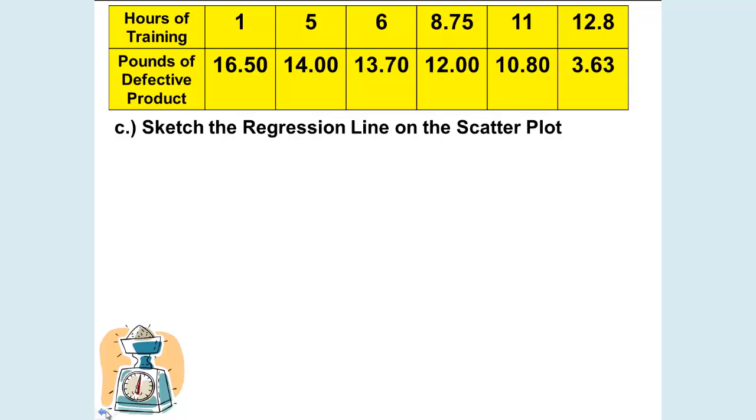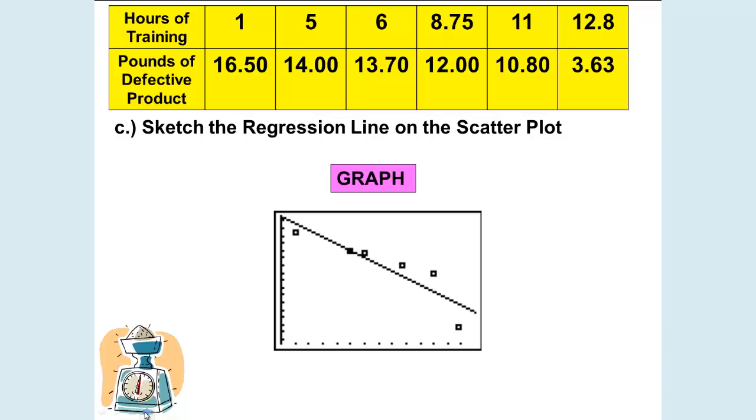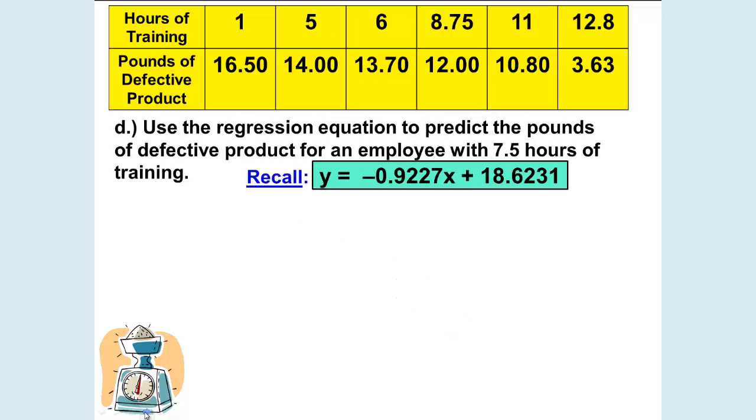Here is your linear regression equation, and our A comes here, which is negative 0.9227, and 18.6231 is your B, and that's where those numbers are coming from, and that gives us the equation. This green box is our answer for this part B. The C is still the same, and that's our answer.